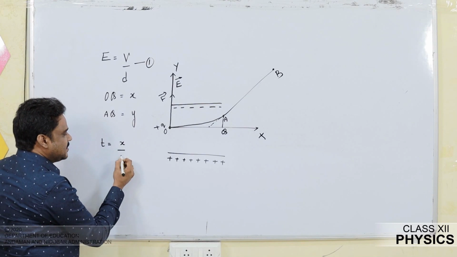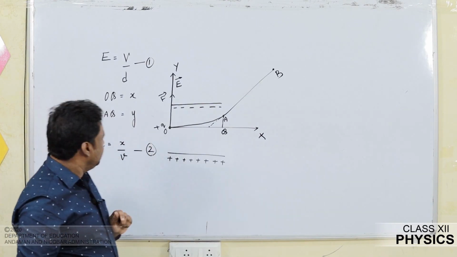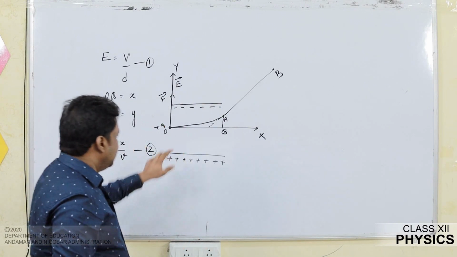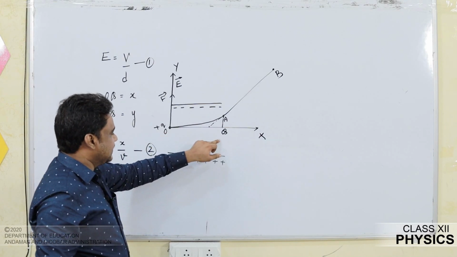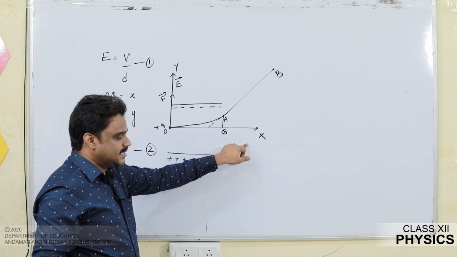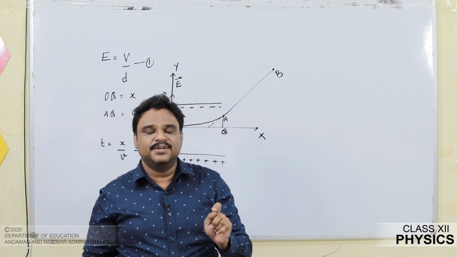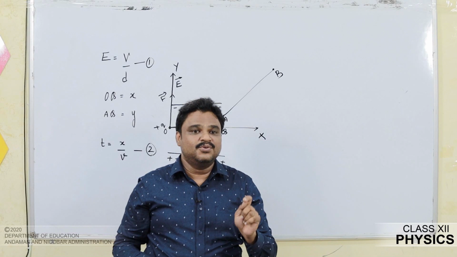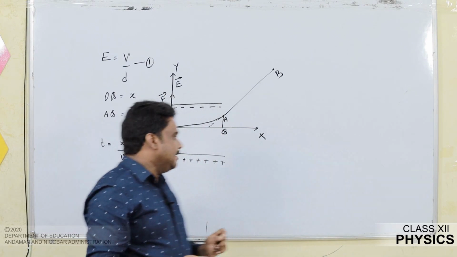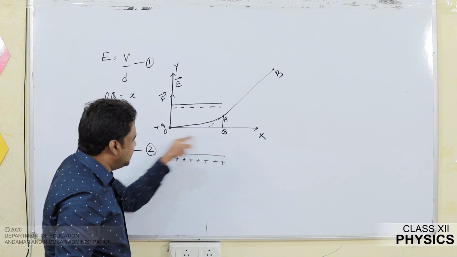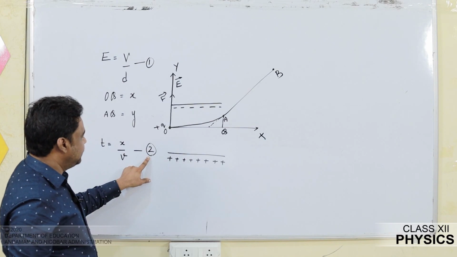If X is the distance and V is the velocity, then T is equal to X by V. When the charged particle enters the electric field, it travels along OX with uniform velocity, since there is no force along OX. So the time taken is T equal to X by V, and I am going to mark it as equation number 2.